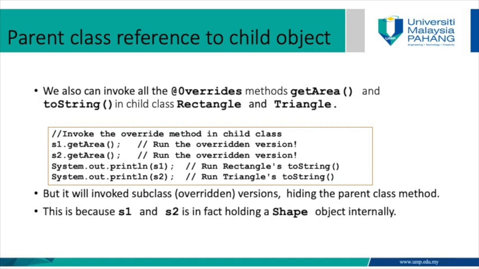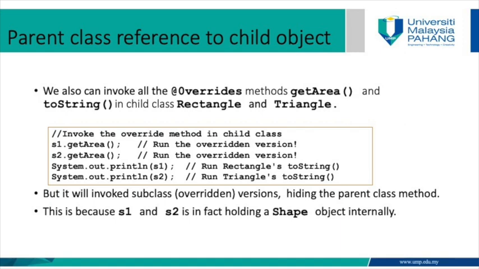First, you run the overridden version: s1.getArea and s2.getArea. And then you run the Rectangle's toString by writing System.out.println s1, and then System.out.println s2 to run the Triangle's toString.